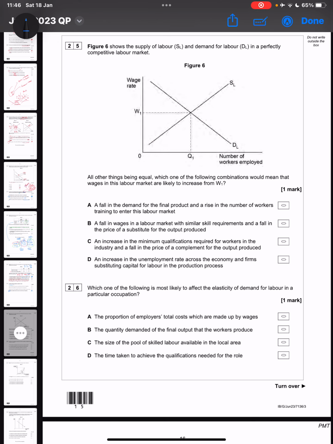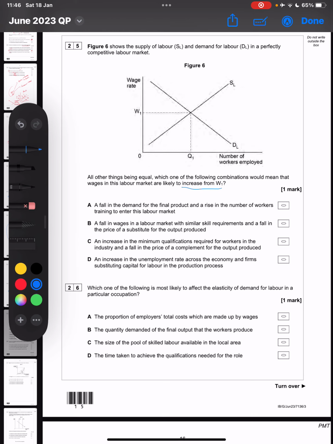So we have a perfect competition labour market. Which of the following combinations would mean wages are likely to increase? So this is a competitive market. Wages only increase if the supply of labour falls or the demand for labour shifts to the right. The supply of labour will fall if there are more barriers to entry to get into that industry, or it's less desirable to get into that industry.